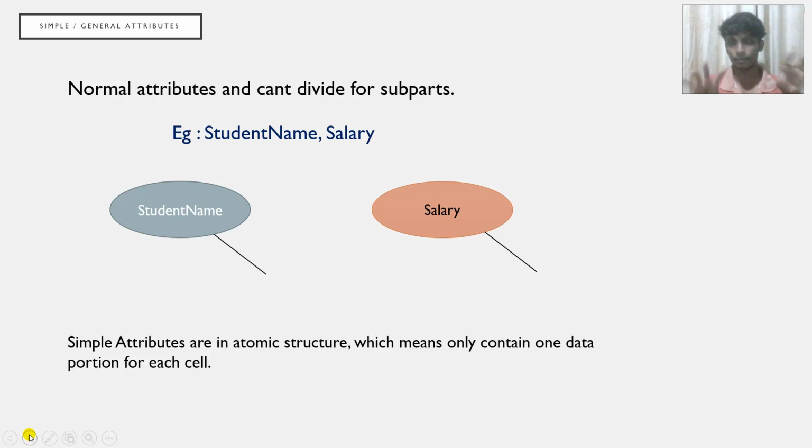Just imagine those are bulk attributes, atomic attributes, having only one word or one instance in a set. Basically, those attributes can't be divided into subparts. Those are atomic structures, which means they only contain one data portion for each set. So that is what a simple or general attribute means.